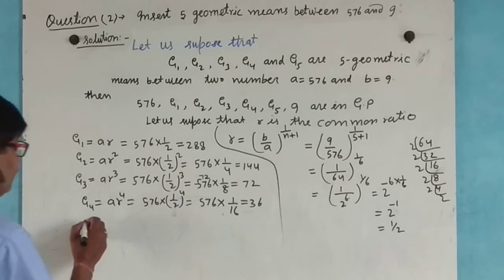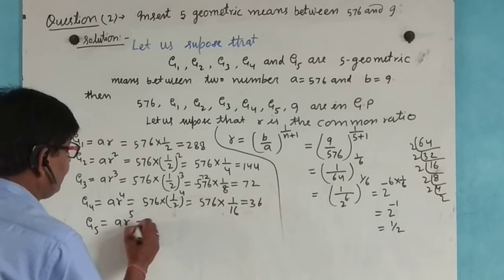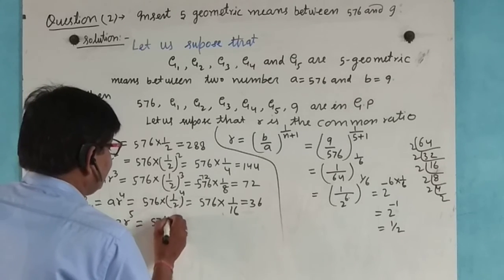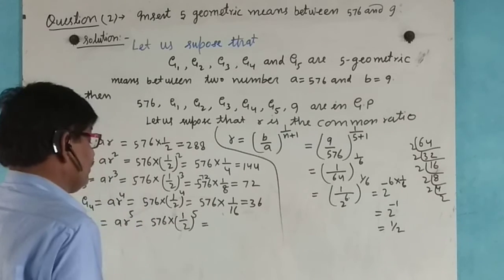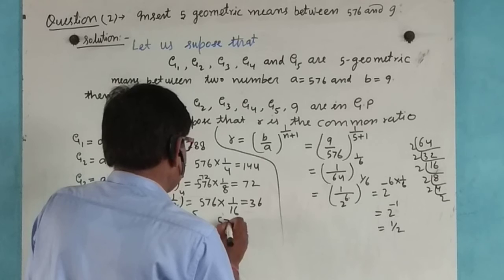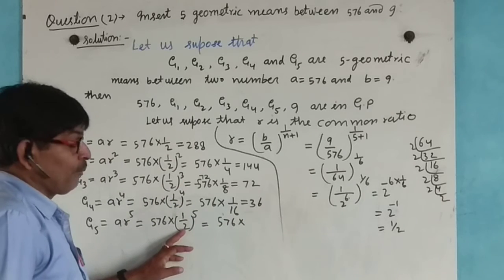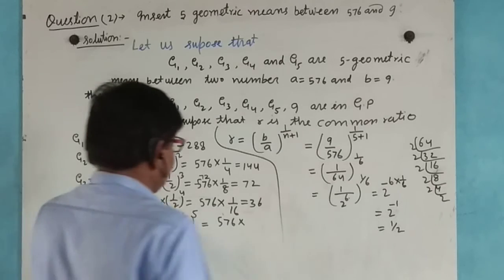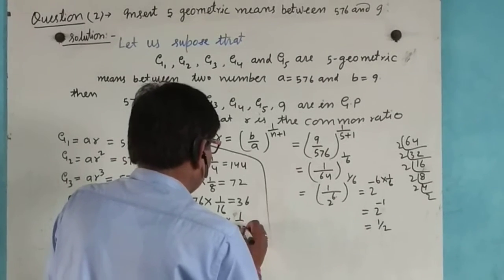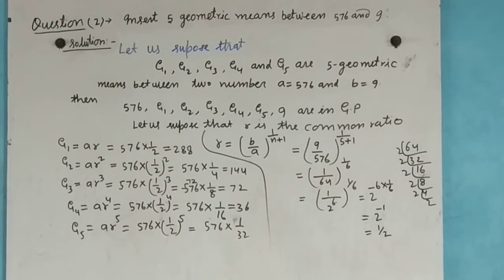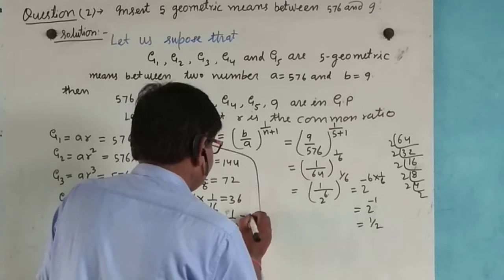And here G5 equal to ar to the power 5, 576 into 1 by 2 to the power 5, that is 576 into 1 by 32. It means that this is equal to 18.